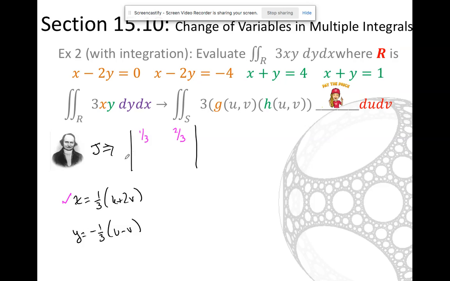Partial y, partial u. Partial y, partial v. Do the determinant work.